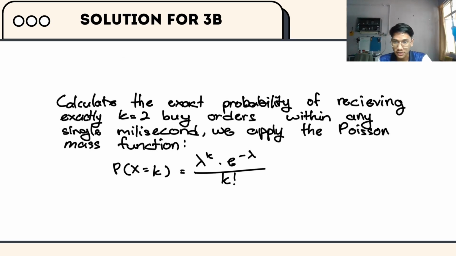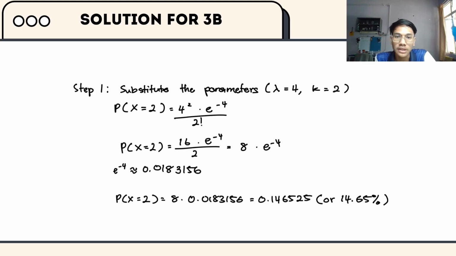Okay, for the second question, which is to calculate the exact probability that the firm receives exactly two buy orders in each millisecond, we use the Poisson mass function. This is the formula, and we apply it to get the probability.